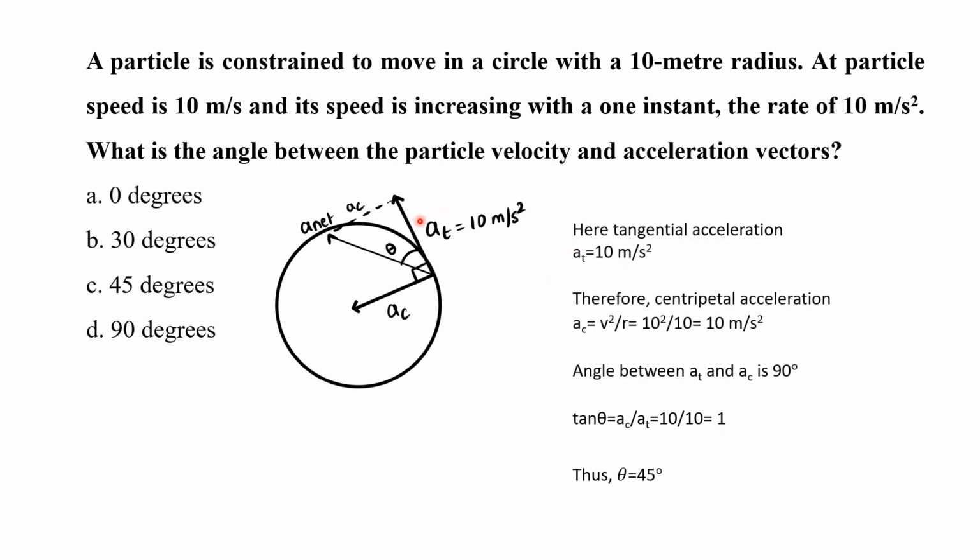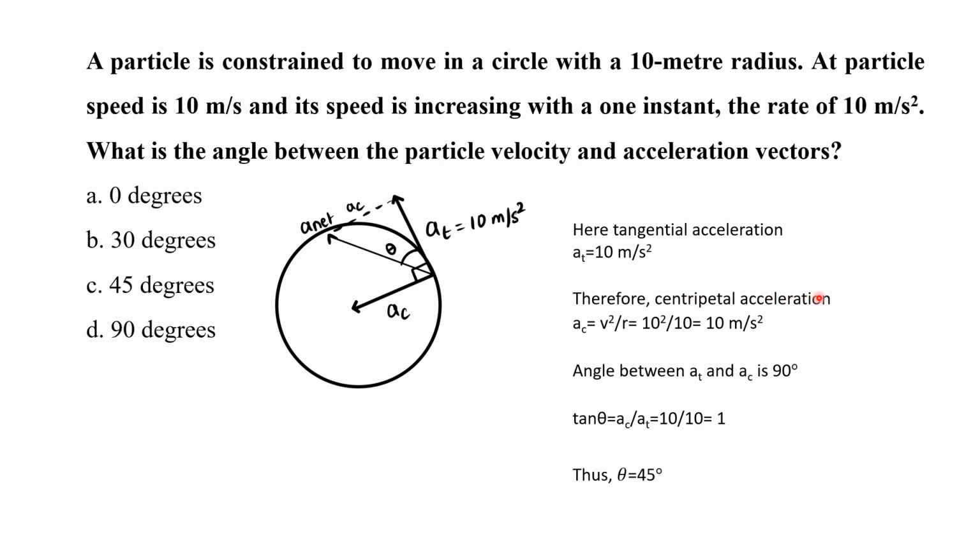Here we denote AT as tangential acceleration and AC as centripetal acceleration. The net acceleration is A net. So the tangential acceleration given is 10 meters per second squared.